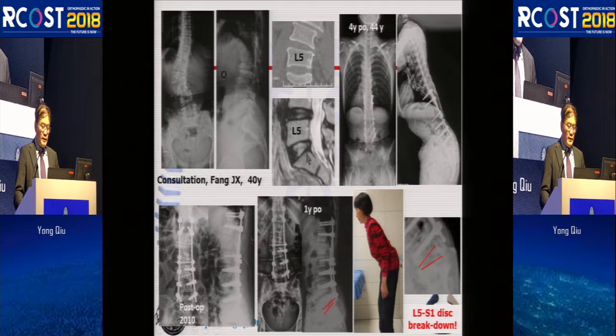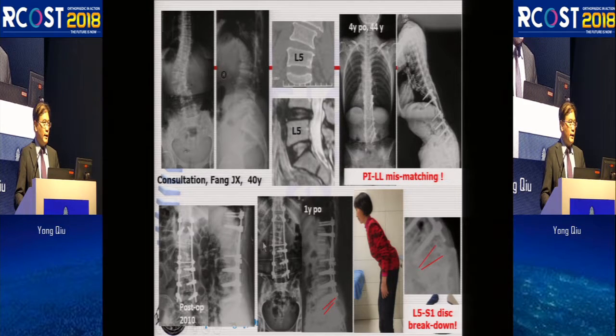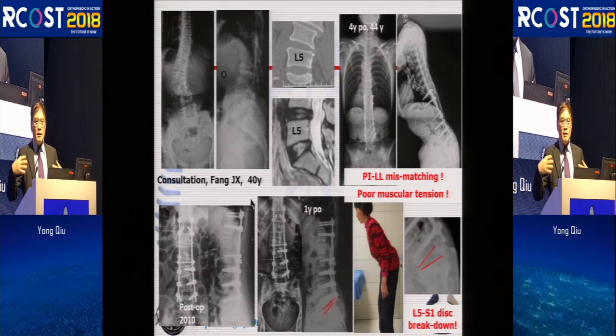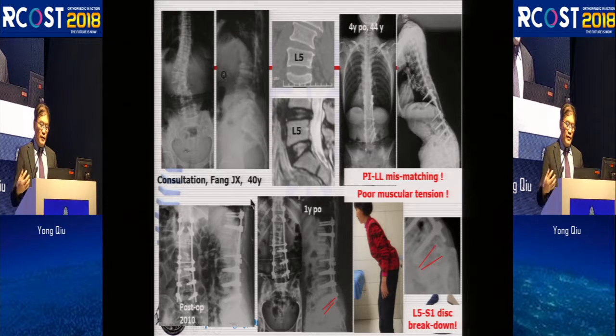Look at L5-S1, it looks very healthy. Why did the patient develop important sagittal imbalance? In my opinion, for this patient, PI-LL mismatch may be an important reason. The second reason is poor muscular tension. The patient is very thin.